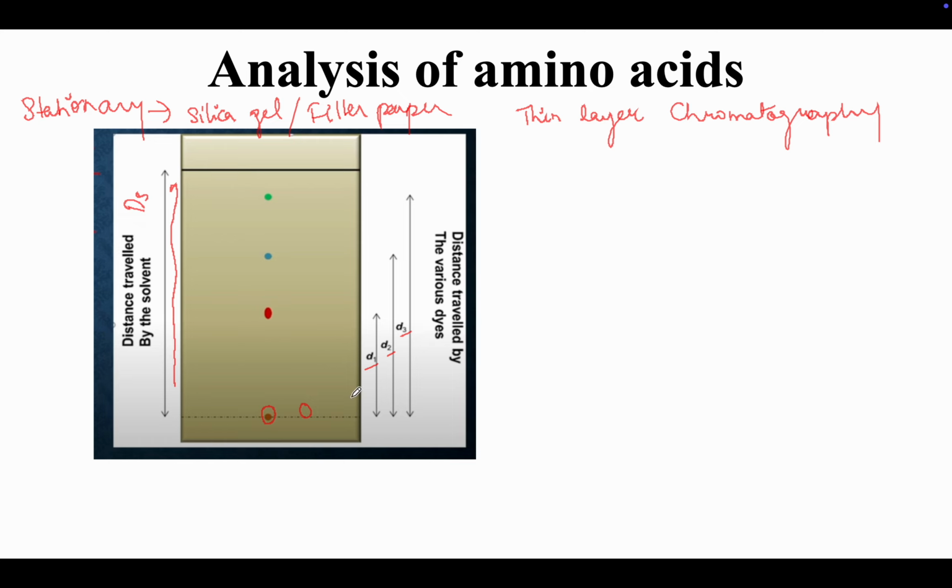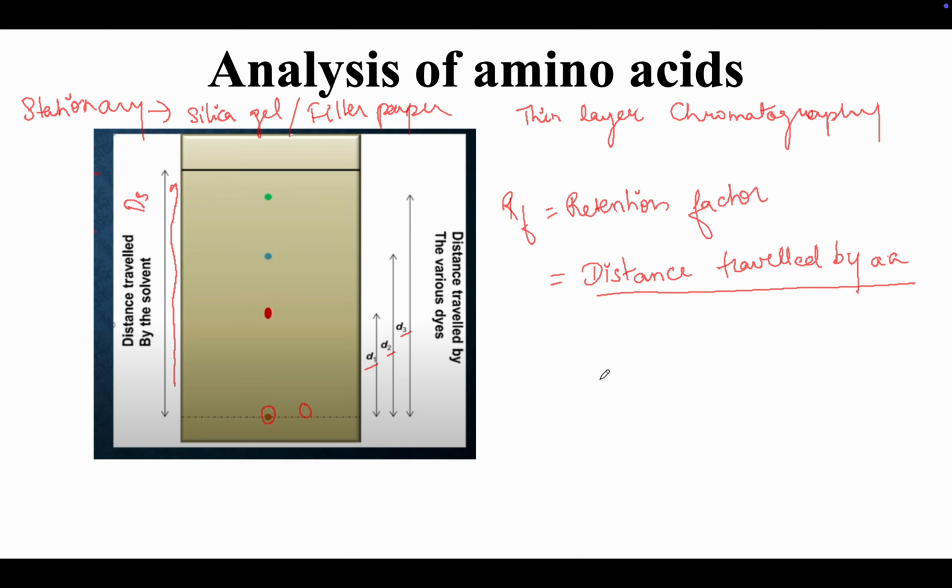So the overall distance can be calculated by using this formula of Rf, where Rf is the retention factor, and this retention factor is distance traveled by analyte or different amino acids which are spotted, upon distance traveled by solvent front.